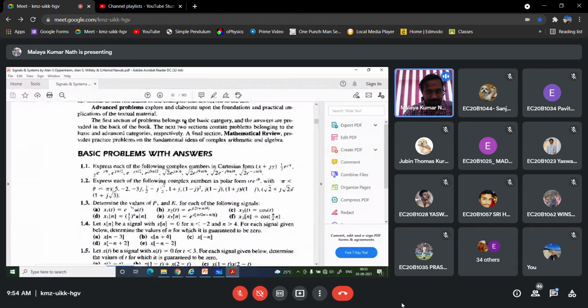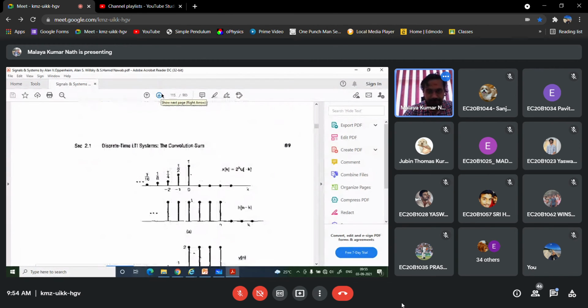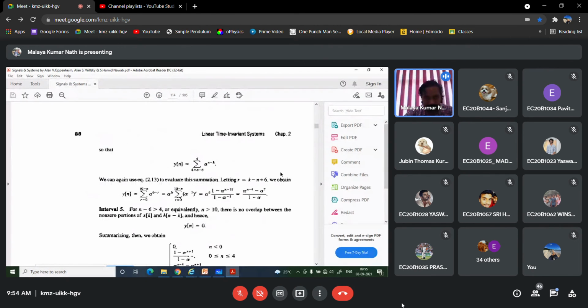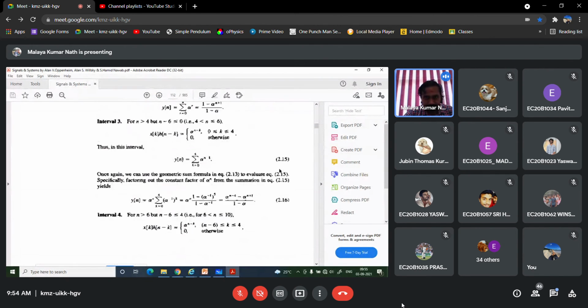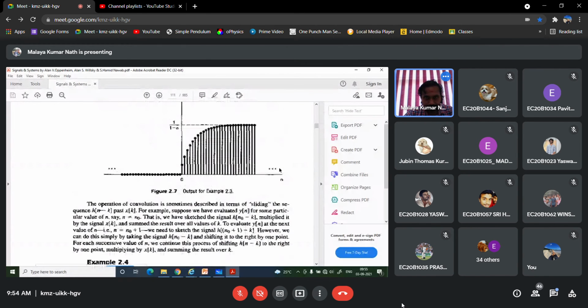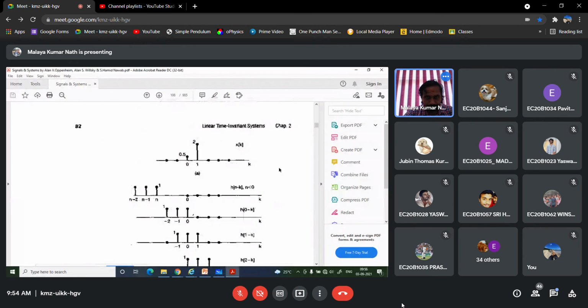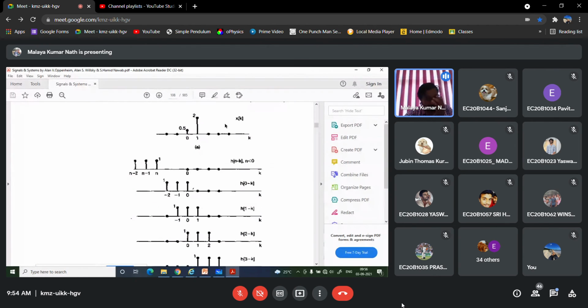See, this is the problem. Look at here. This is your x of k. This is your h of n minus k. That means at some different location it is present. There is no overlapping, so that will give rise to 0.